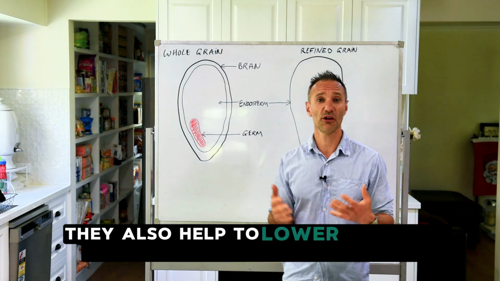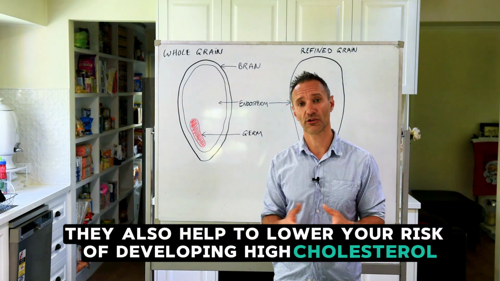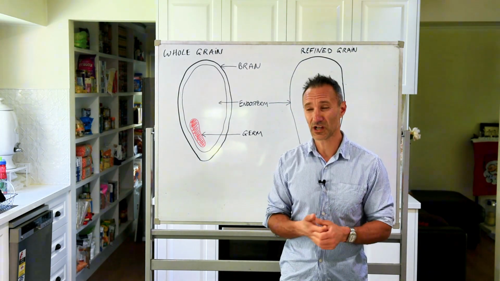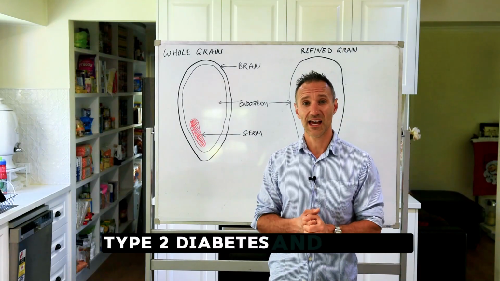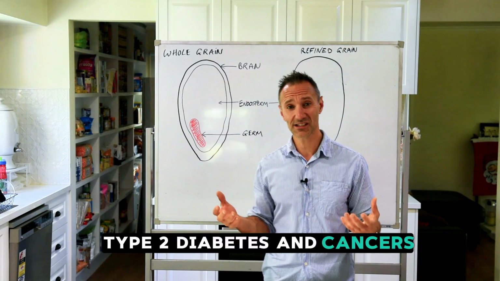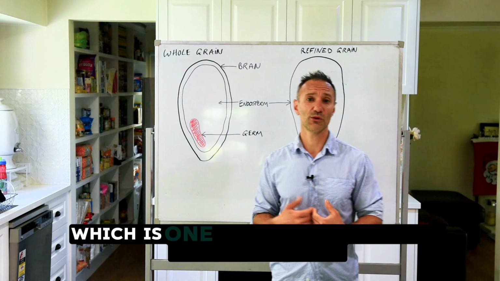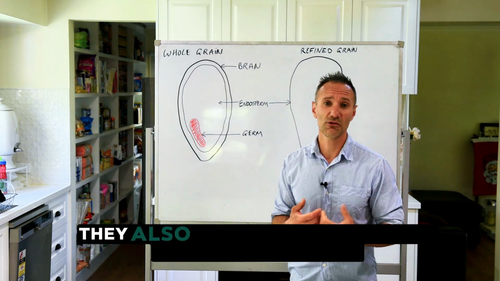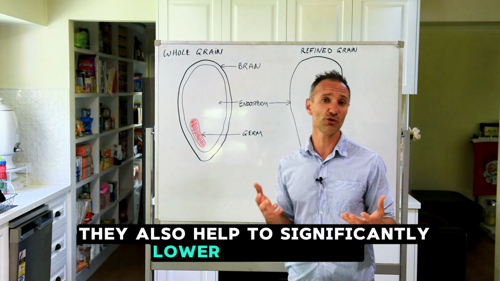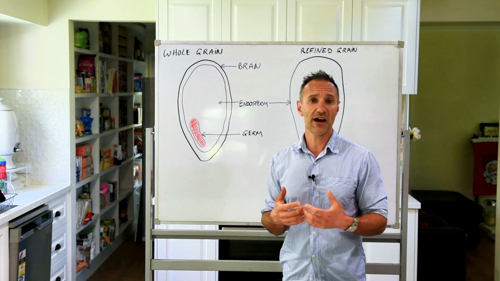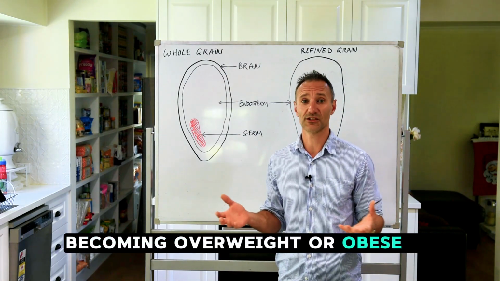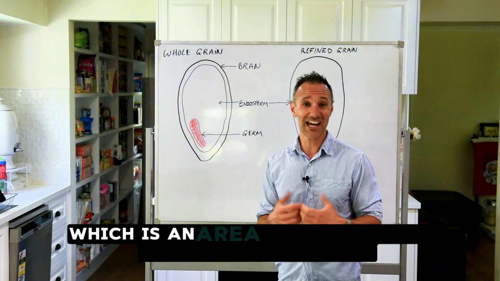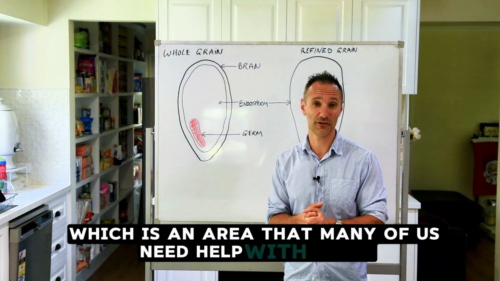They also help to lower your risk of developing high cholesterol, stroke, type 2 diabetes, and cancers of the colon, which is one of the most common types of cancer. They also help to significantly lower your risk of becoming overweight or obese too, which is an area that many of us need help with today.